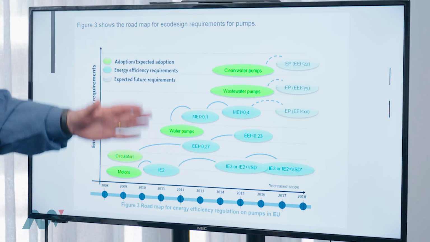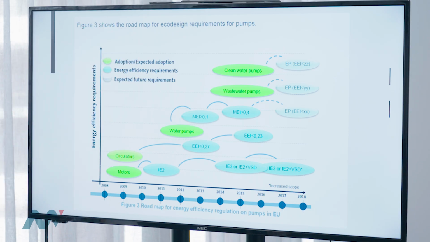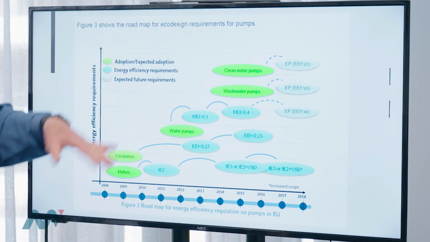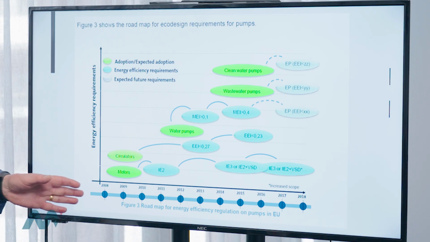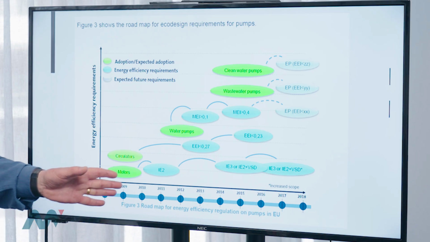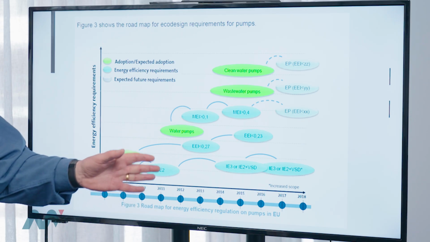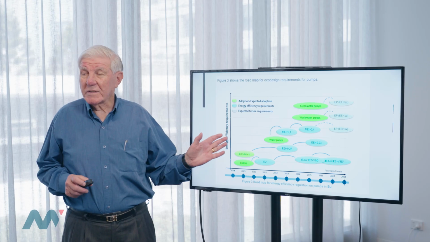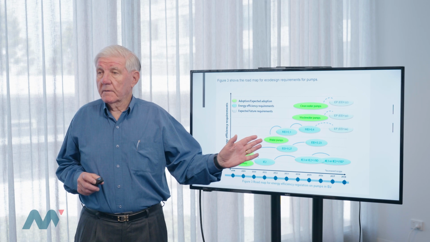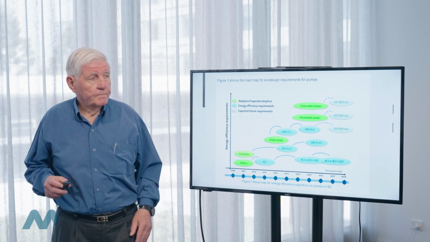And this is the plan of implementation of these various legislation effects in the pump industry. You can see that this started back in 2008, but was actually introduced as legislation in 2011, 2012, which is where it's been operating in Europe. So more than 12 years.